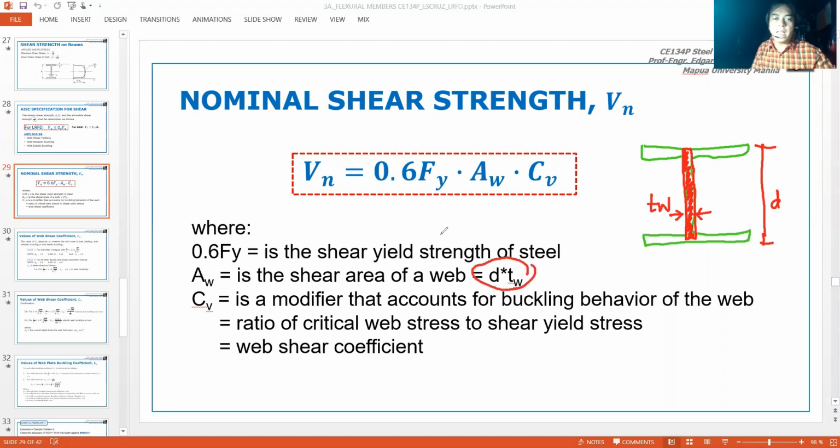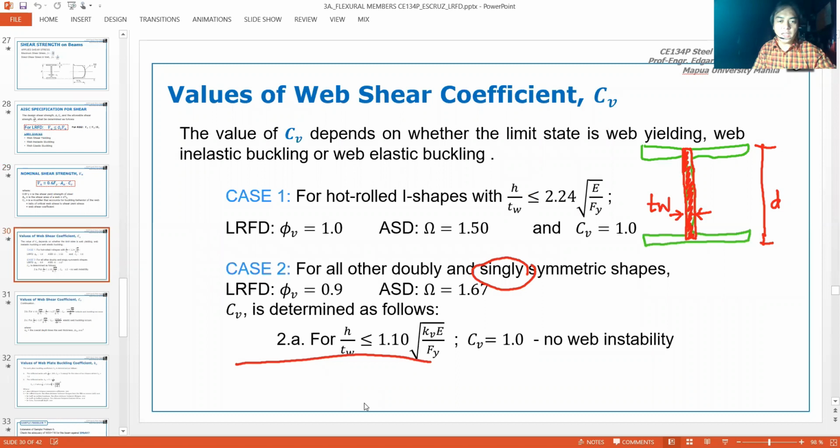Tapos yung Cv, that is the modifier that accounts for buckling behavior of the web. Sometimes it is defined as the ratio of the critical web stress to shear yield stress, and sometimes it is called the web shear coefficient. So yung Cv nagbabago depende dun sa limit state na pwede ma-experience nung beam natin against shear.